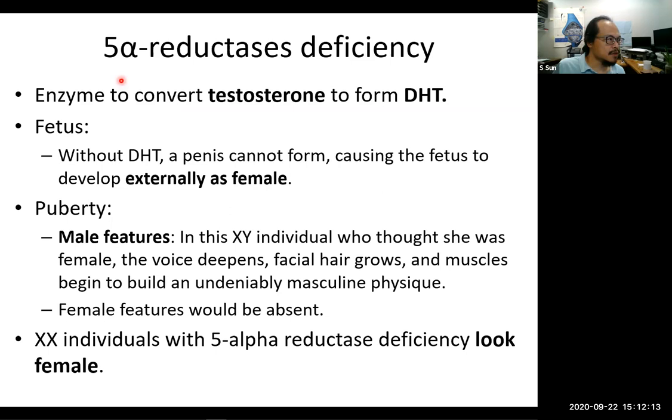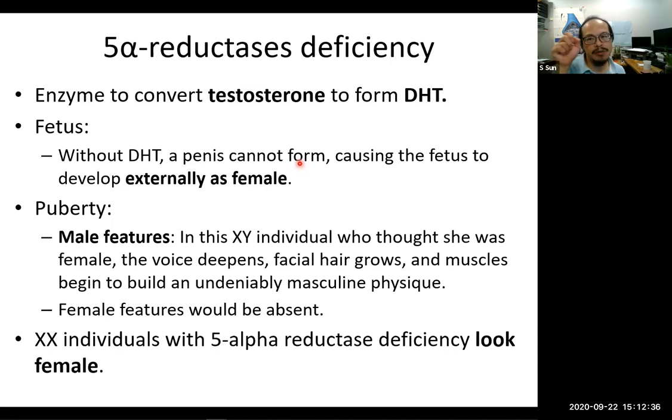With 5-alpha reductase deficiency, the body cannot convert the testosterone into DHT. During the fetal stage, there will be no external organs because DHT is needed to develop the external portion. So everything will be ready, but not the external.